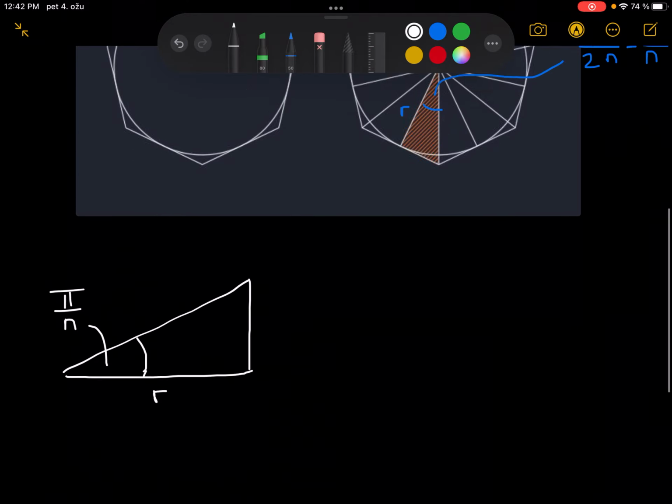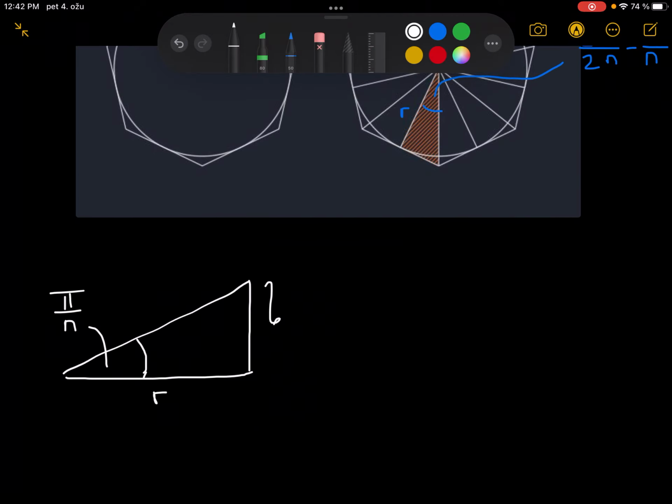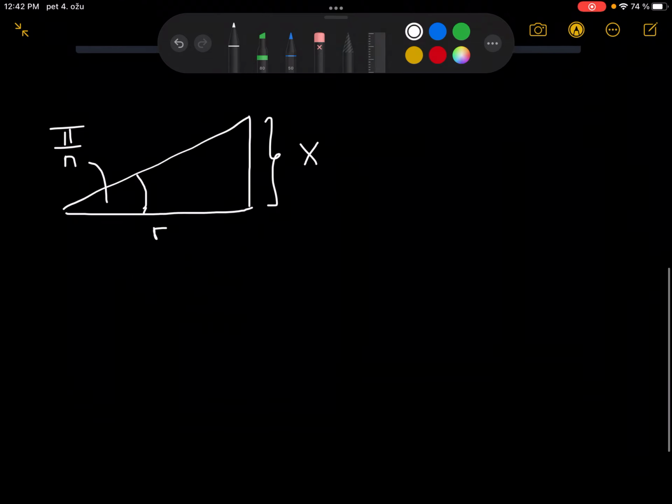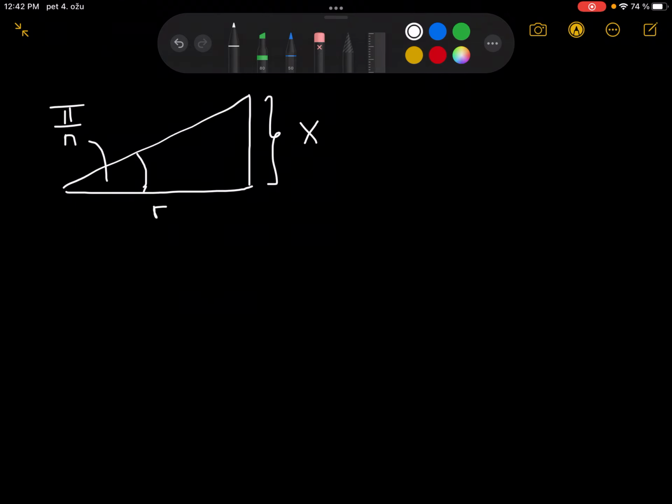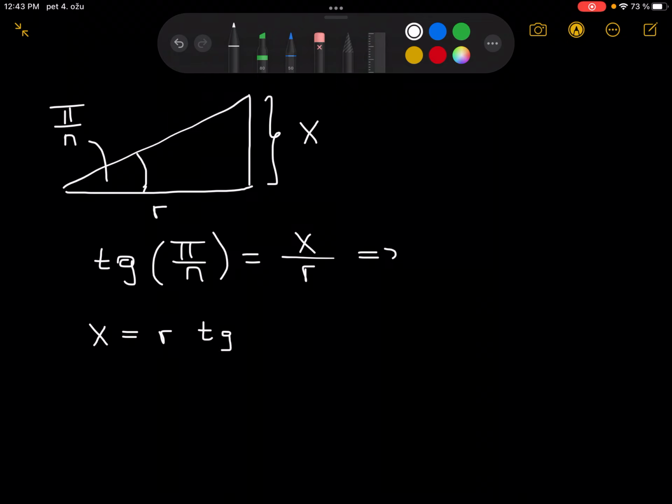Let's go ahead and try to find this length here. I'm just going to call it x. By using the trigonometric identities for a right triangle, we see that the tangent of pi over n must be equal to x over r, and from here it follows that x must be equal to r times the tangent of pi over n.